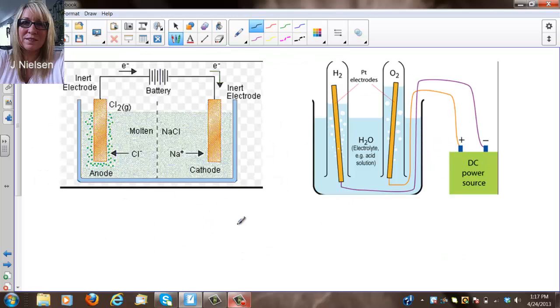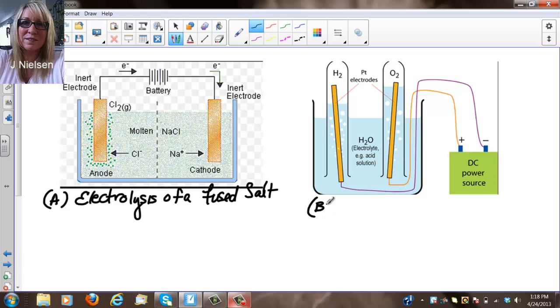Another example is electrolysis. So over here in A, we have the electrolysis of a fused salt. And in B, we have the electrolysis of water.